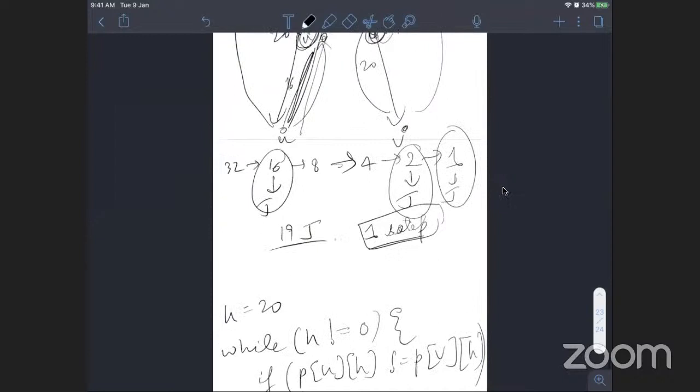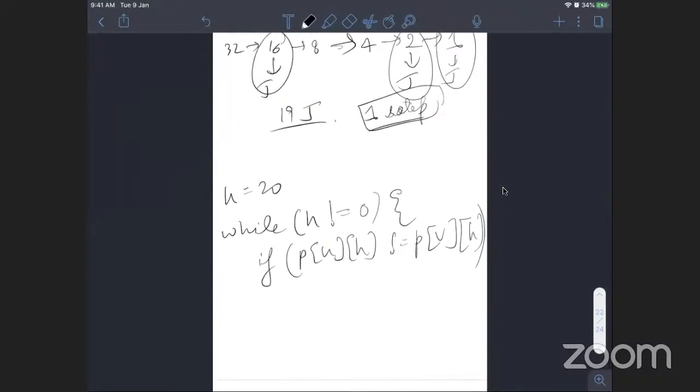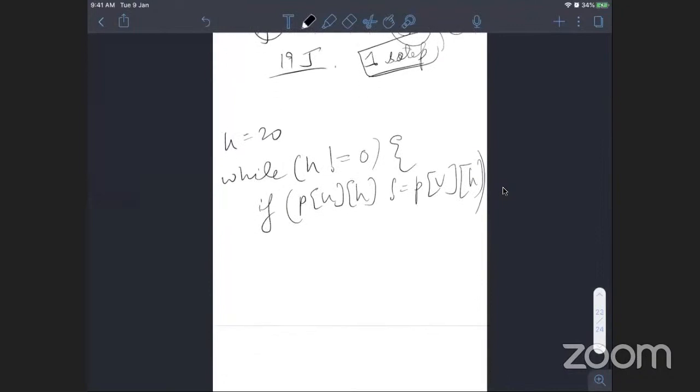I was using f everywhere, but you can use p also, because we are only talking about powers of 2. If they're unequal, then we jump u till its hth parent, jump v till its hth parent, and then h minus minus. This is inside the if condition. That's the algo. It's as simple as that.